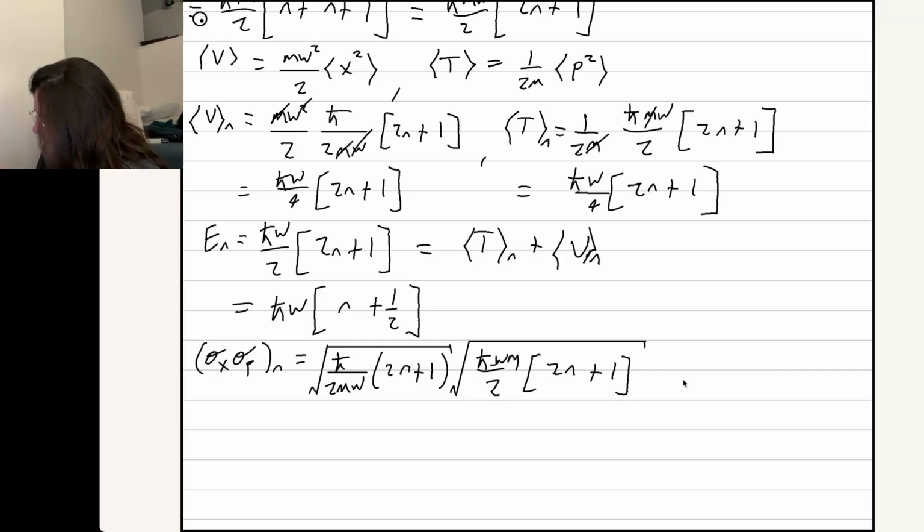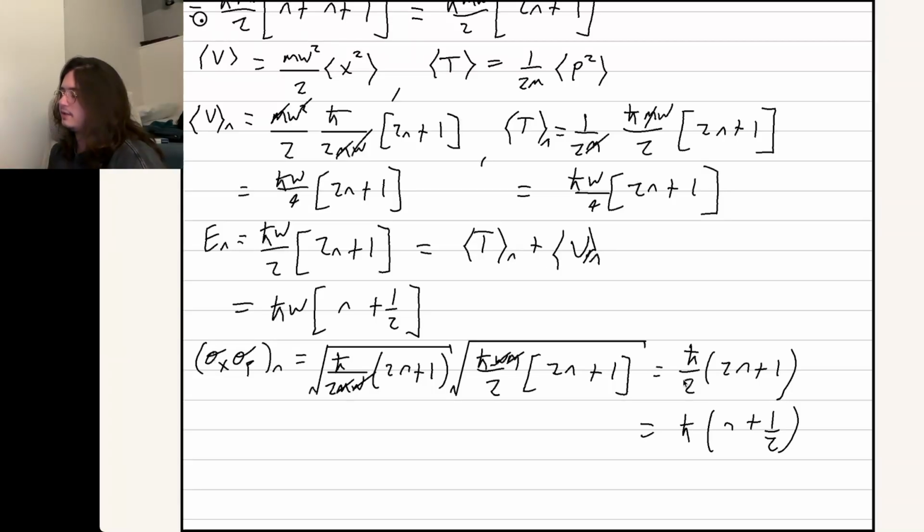And then the omegas and the m's cancel out, thank goodness. And you just get h bar over 2 times 2n plus 1, or if you like, h bar times n plus a half. And it'll give you the uncertainty for any given wave function of the harmonic oscillator. All right.